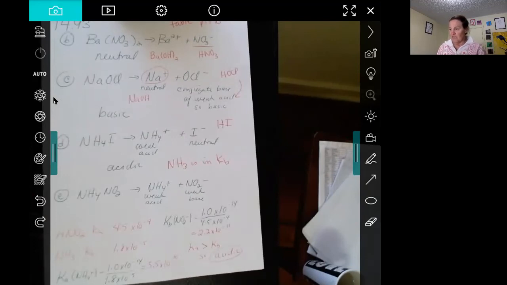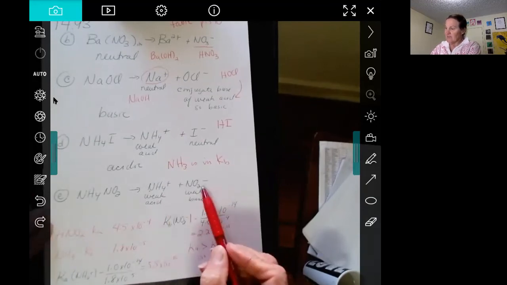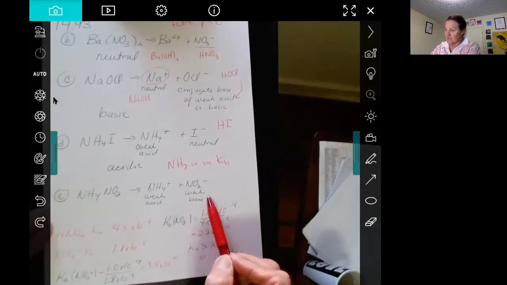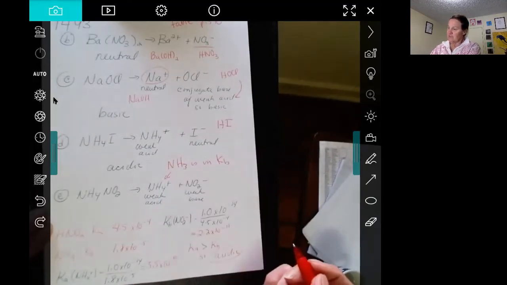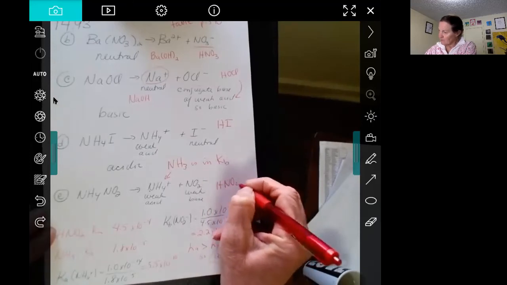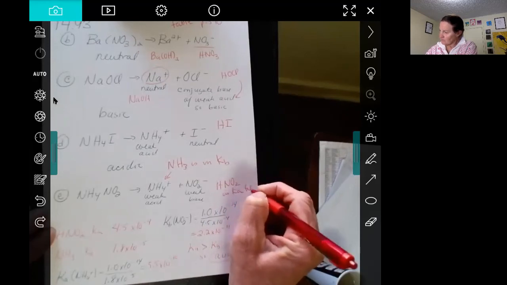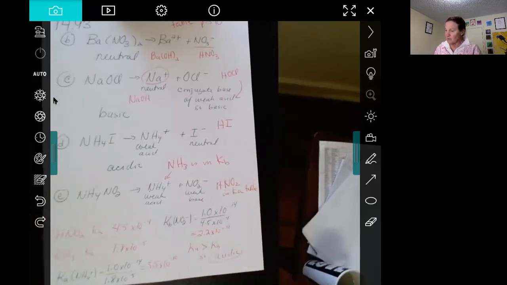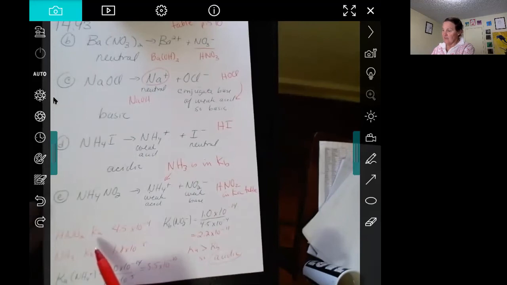E is a little bit harder because NH4+ is a weak acid, NO2- is a weak base. So we find NH3 in the Kb table. We find HNO2 in the Ka table. And so we need to know the Ka for this and the Kb for this. And we have the opposite.